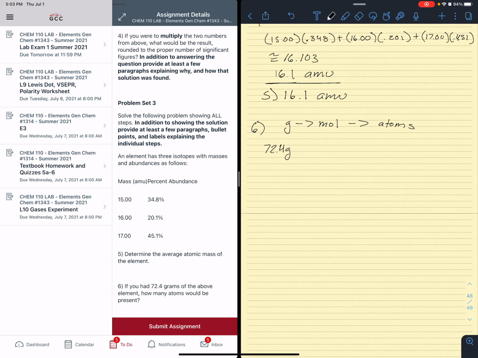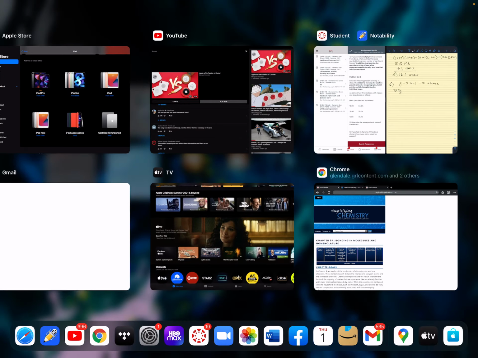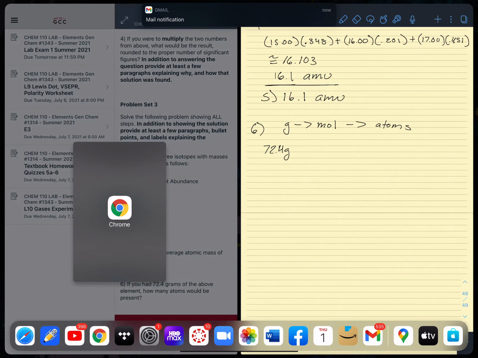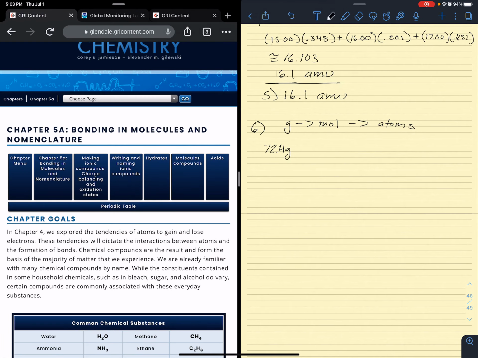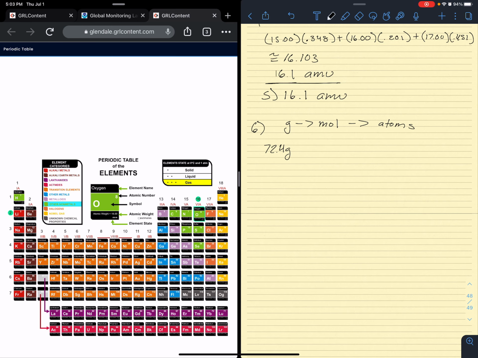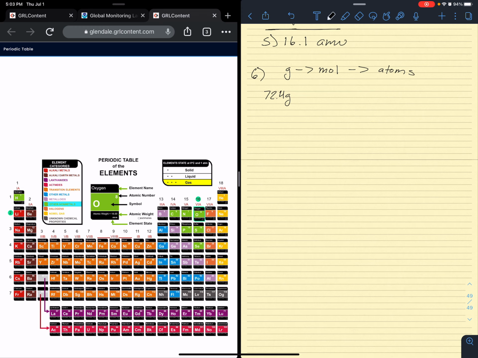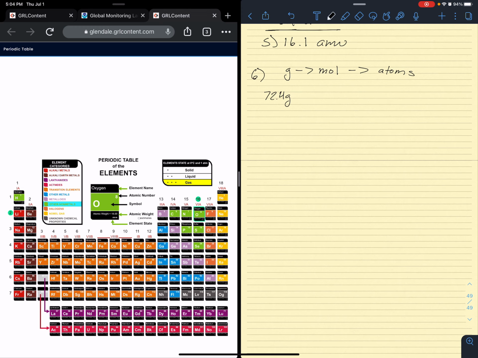Let's say I had 32 grams of oxygen, and I'm trying to see how many atoms I have of that. So we go by how many grams are in one mole of oxygen.